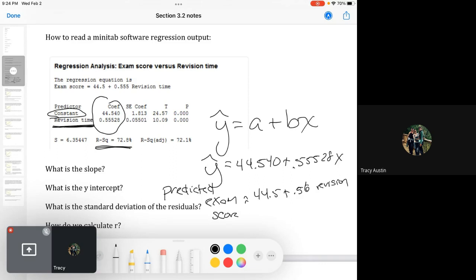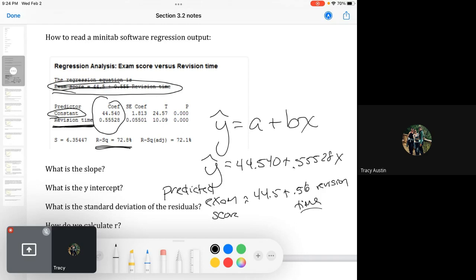And okay, see, it's actually even written above here, but this is how you pick it out from the Minitab software. Most of the time, this is not going to be here. You're just going to be given this block of numbers, and you're going to have to write the equation from that.